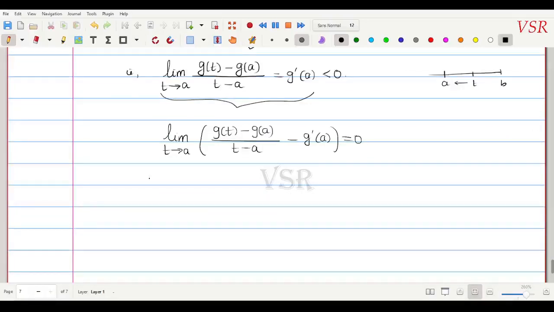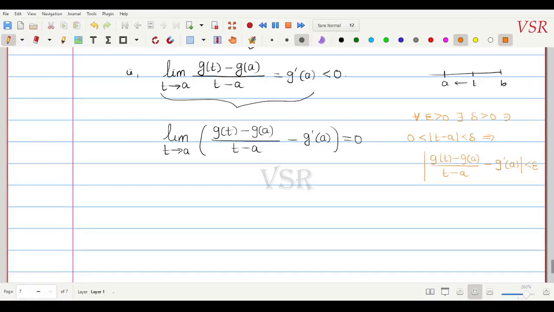For every epsilon positive there exists a delta positive, such that whenever 0 is strictly less than modulus of t minus a which is less than delta, this would imply that modulus of g of t minus g of a divided by t minus a minus g dash at a which is less than epsilon கிடைக்கும்.